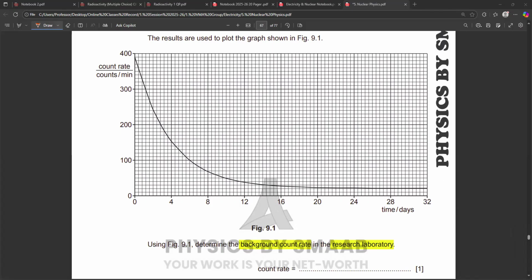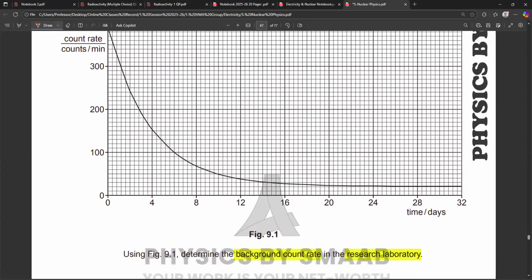But you can see in the graphical representation, it becomes constant at the end of the graph. So in the last part, from here, we have a constant value. It means that rather than going towards zero, it gives you a constant value. So this constant value is because of background radiations, correct?